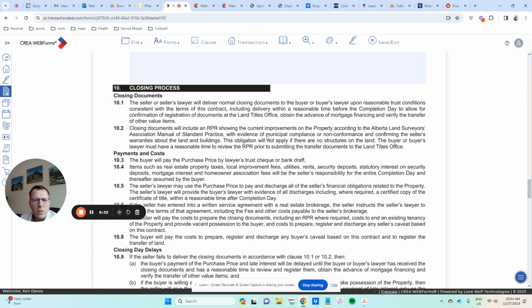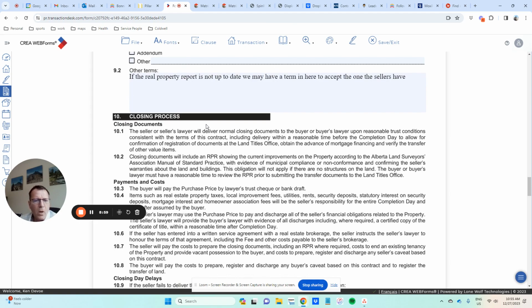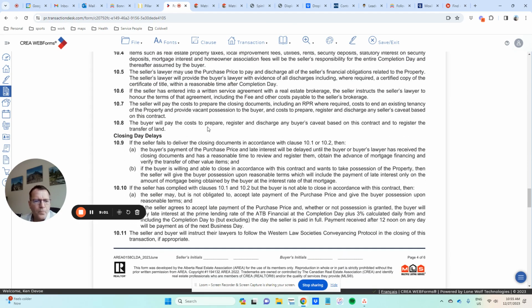If for some reason the fence isn't on the real property report, we could scratch 10.2 out and say up here in 9.2 that if the real property report is not up to date, there's going to be a term in here saying that you will accept the current real property report if you're okay with it. Basically we'll write something in there to say that you're going to accept that one. If you're not okay with it, then we ask for a brand new one.